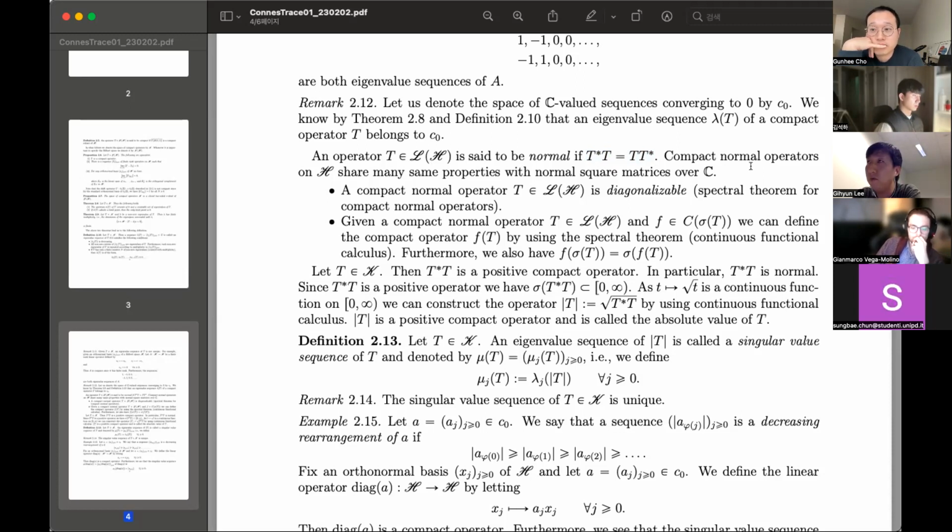Briefly, it means that the compact normal operator can be written as an infinite sum of rank 1 projections on the given Hilbert space.